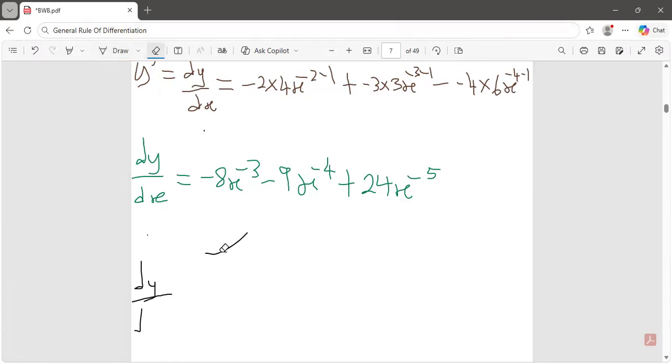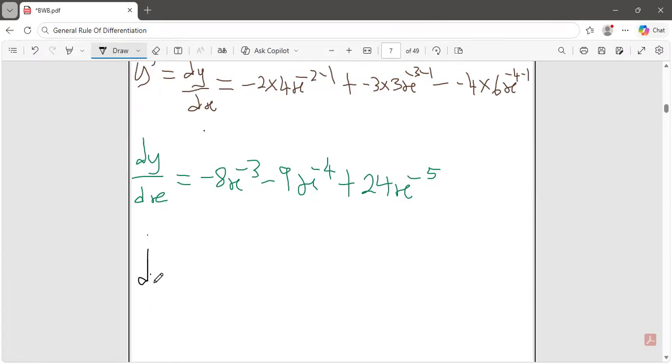So we can say that our dy dx can also still be expressed in the form of what? Let's say 24x exponent what? Negative 5, minus 9x exponent what?